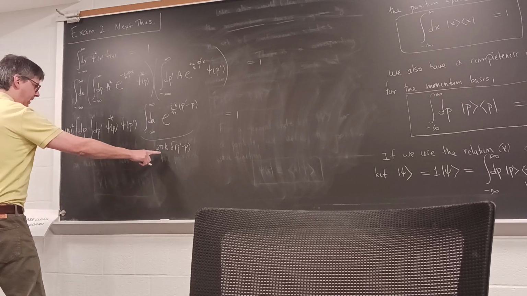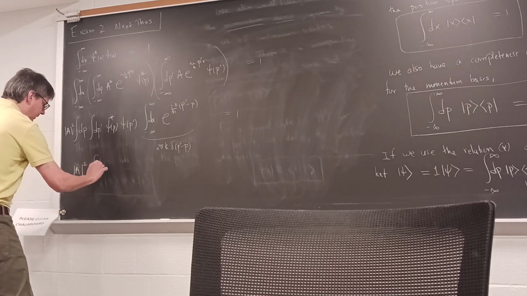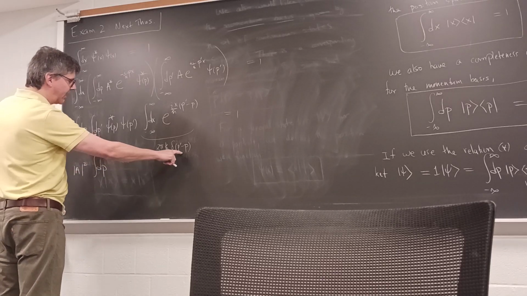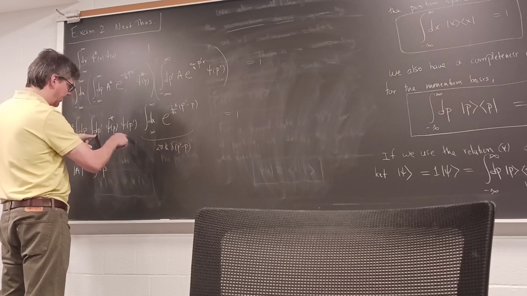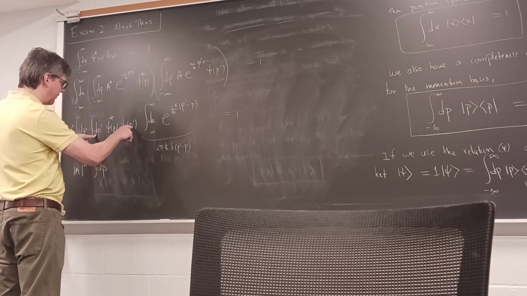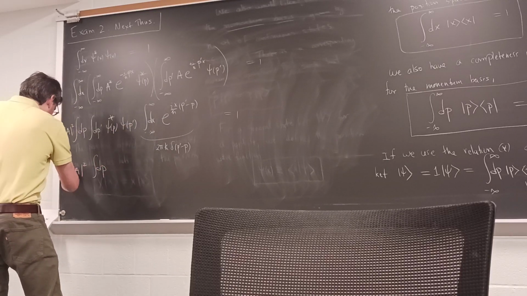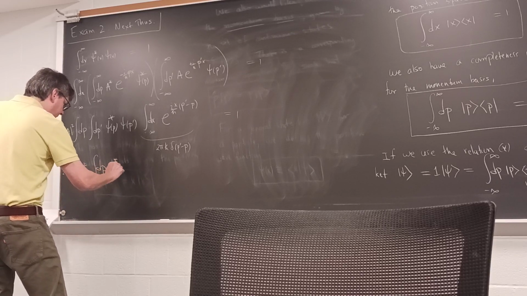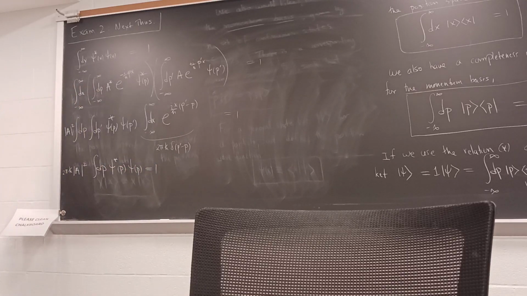Okay, so that means that we have the magnitude of a squared, the integral over dp. Now the integral over dp prime, I can use this Dirac delta function, and it'll turn this into a p. So what we'll have is just 2 pi h bar times the integral psi star p, psi of p, and that has to equal 1.